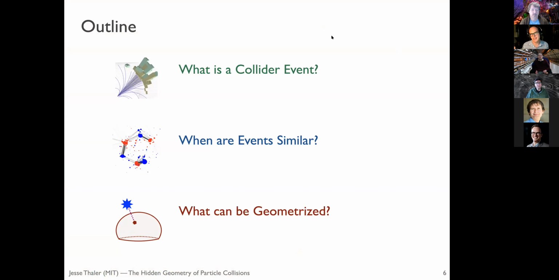Basically, you're asking, if I were to encode the data from a collider event and give it to a computer, what is the best representation of that information? So we'll have that. Then we're going to talk about when are events similar. And this is going to give us a notion of distance. And once you have a notion of distance, you can start to talk about geometry. And I'll spend the bulk of the talk telling you what are various things in collider physics and phenomenology that have a geometric interpretation.